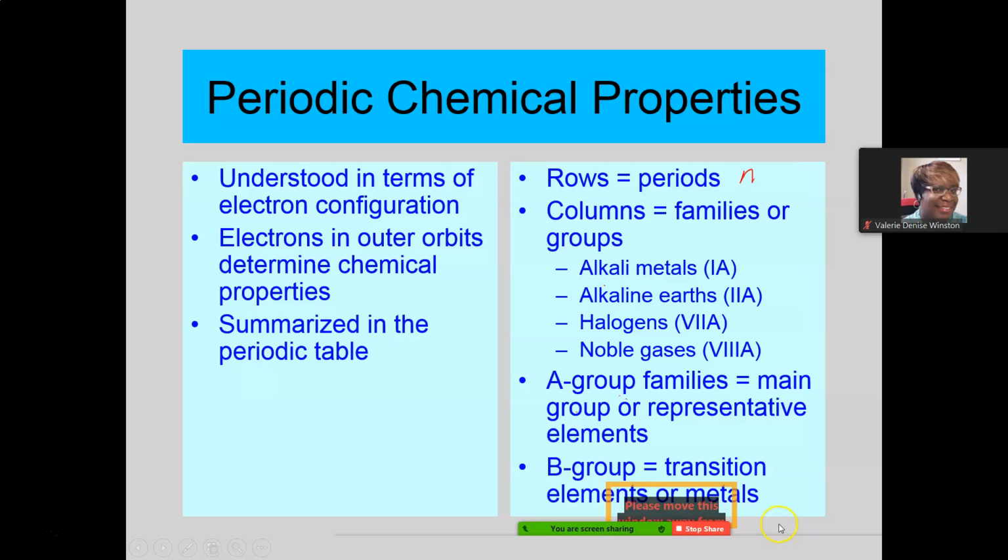You do here and you do here. That's what makes them metals. These are the metals we think of as metals: iron, nickel, cobalt, gold, platinum, all those are your B groups. These are your main groups, representative elements that act differently from the metals.